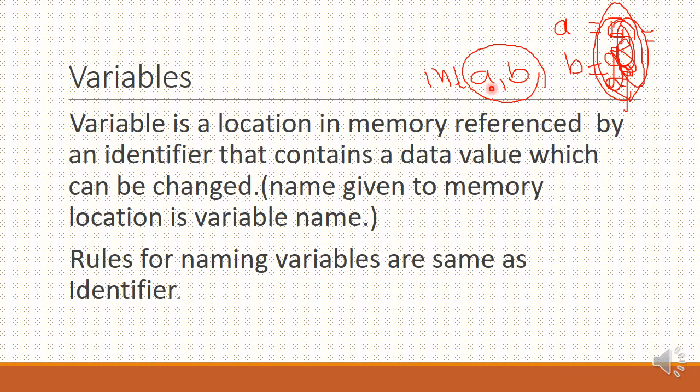Here a and b are called the variable names. And you should know some rules for variables. The rules for naming variables are the same as for an identifier. What rules do we follow for the identifier? We should follow the same rules for variables also.